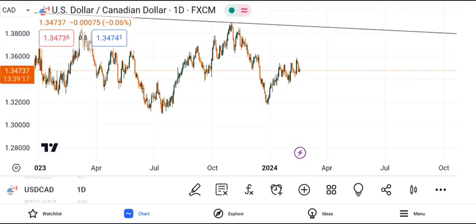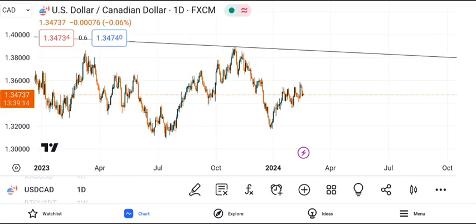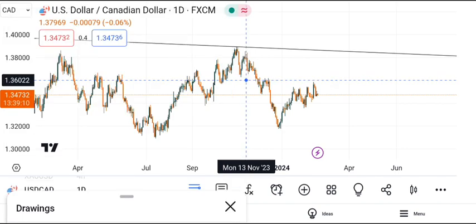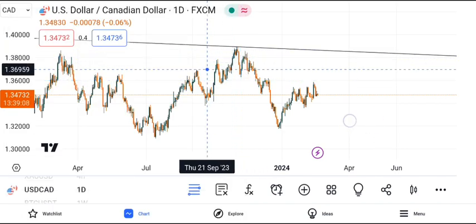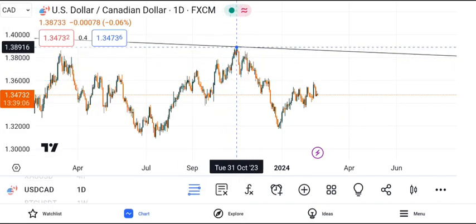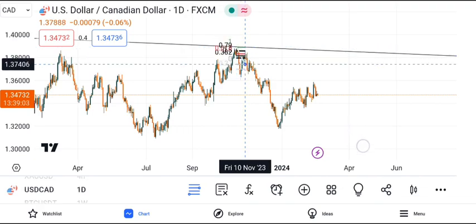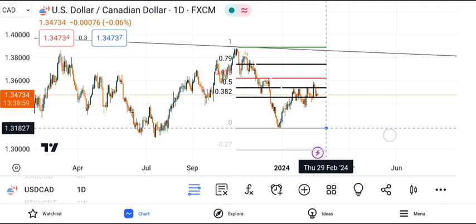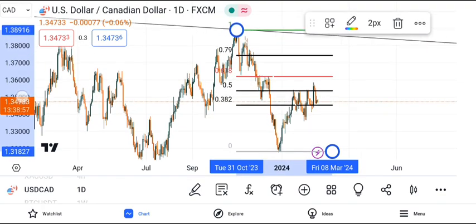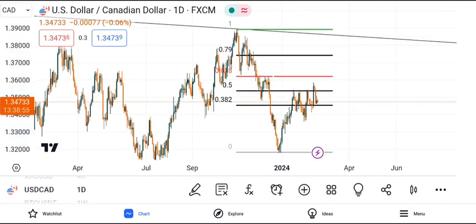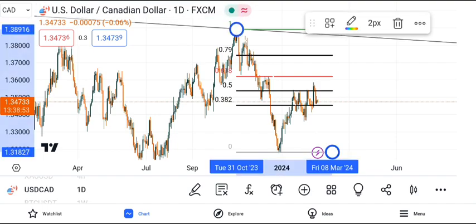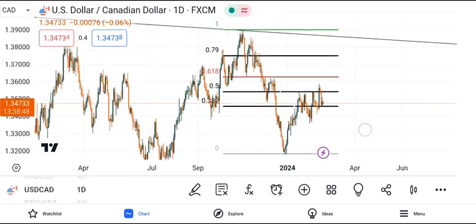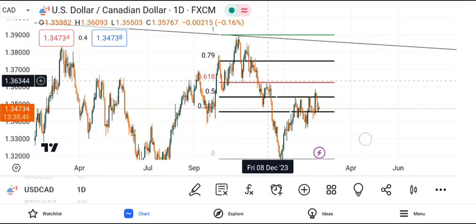Right now you don't know where the market is going to reverse from, but with the help of Fibonacci retracement, we can get the overall turnaround of USD CAD. So we're going to take the trend line from here and drag it down. When you draw your Fibonacci tool, make sure you start from the very beginning of the overall move, from the top to the bottom.